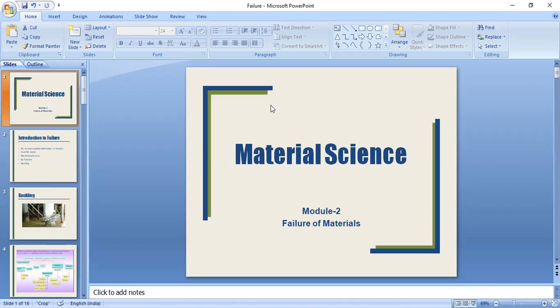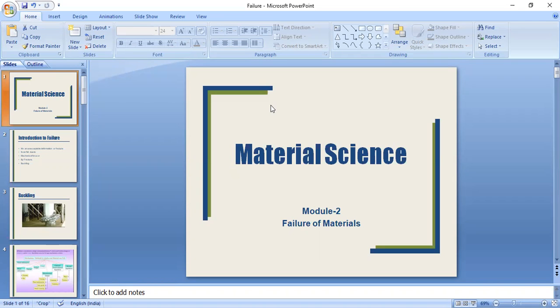I'll repeat, any material, either it may be steel, aluminum, or a plastic material or a non-metal, if it is not performing its function in the middle or after some time, if the material is getting failed to perform its function, that we will call it as a failure of a material.